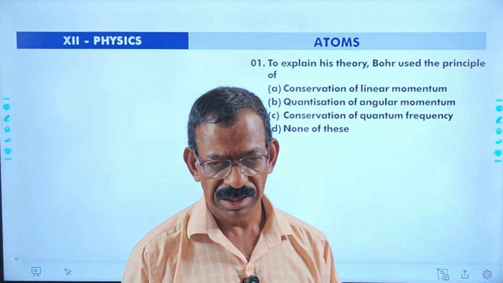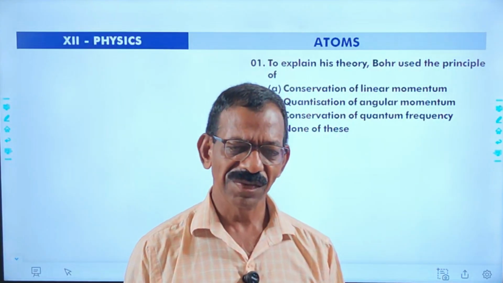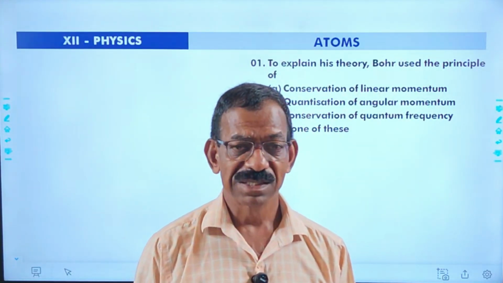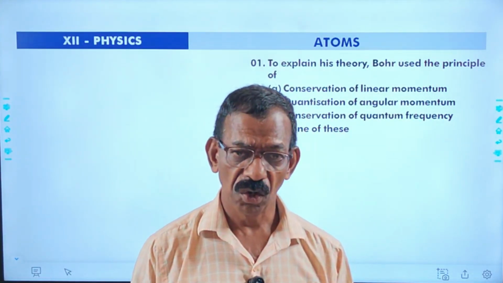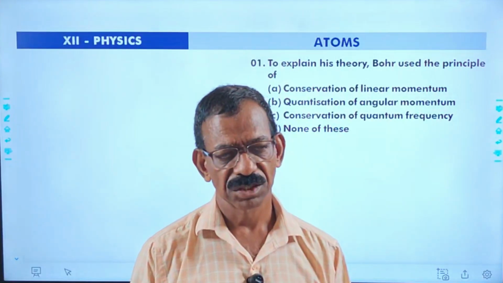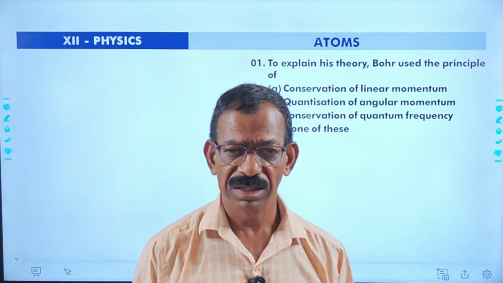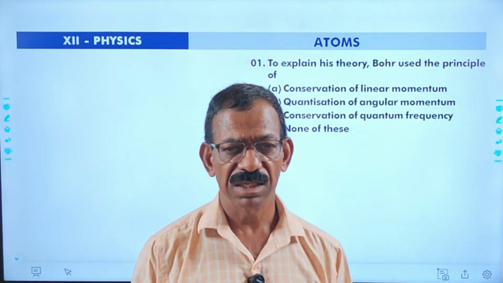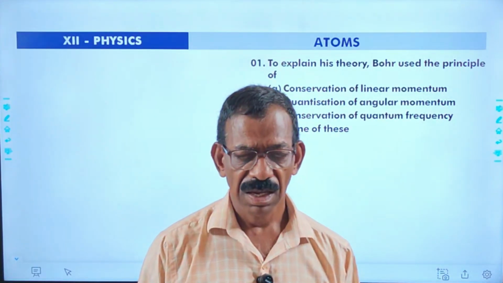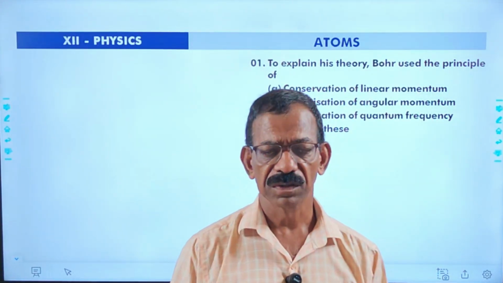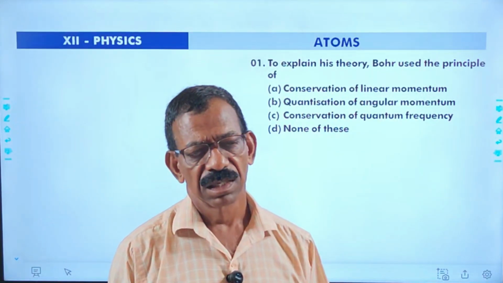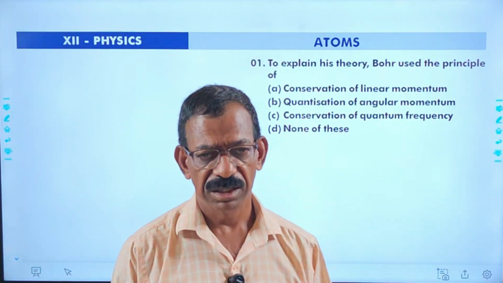The first postulate is that electrons revolve in circular orbits which are non-radiating. As you know, if they radiate, they would have to fall on the nucleus by releasing energy, since accelerated charges should radiate energy. Based on the three postulates of Bohr, the first postulate is that orbits are non-radiating.